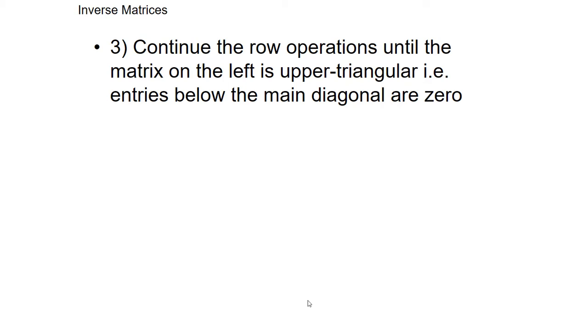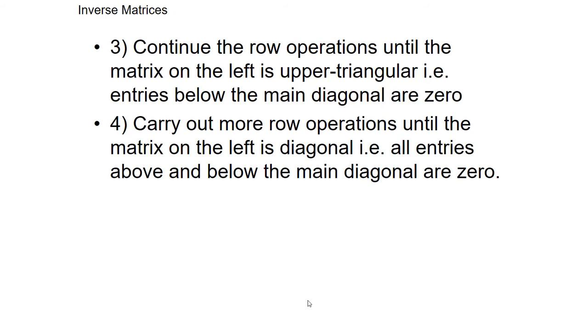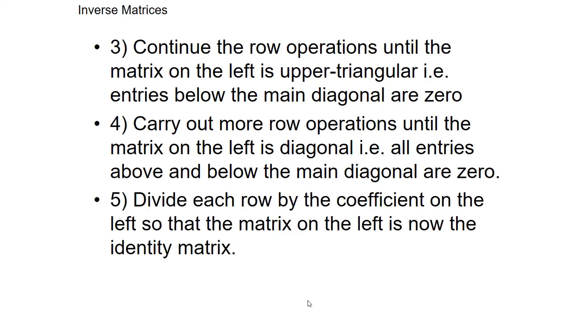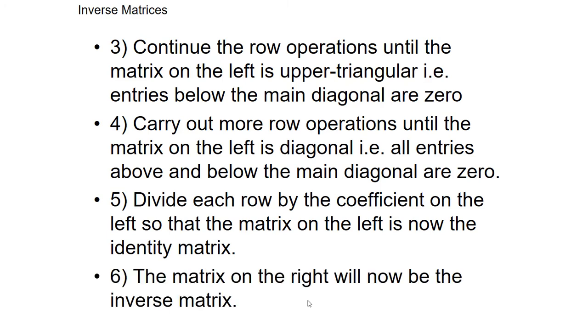The matrix on the right will now be moved away from its original form, and then we carry out more row operations, until the matrix on the left is a diagonal matrix. That is, all entries above and below the main diagonal are 0, and then we'll divide each row by the coefficient on the left, so that the matrix on the left is now the identity matrix, and if we do the row operations properly, then the matrix on the right will now be the inverse matrix.